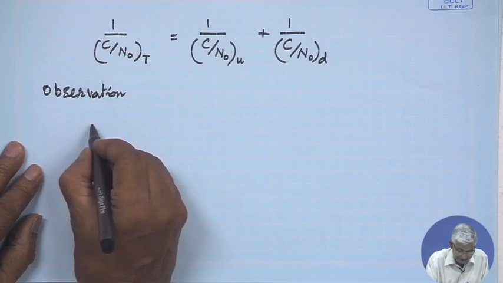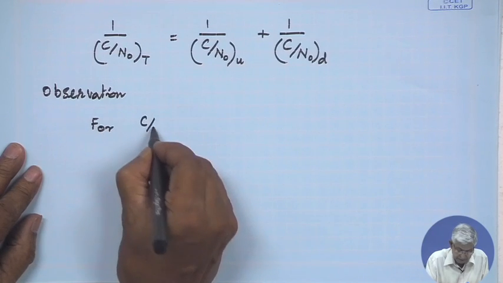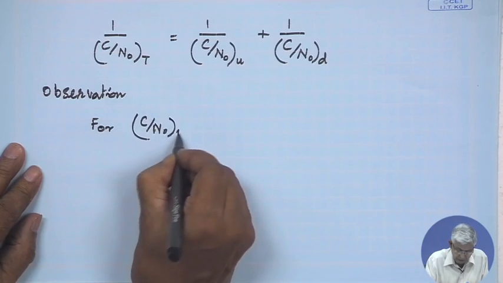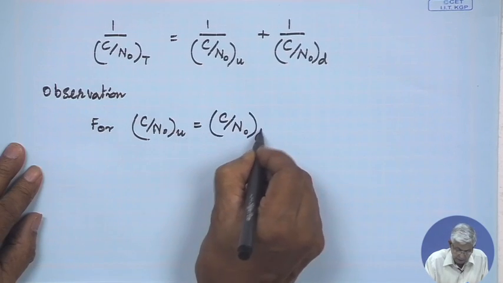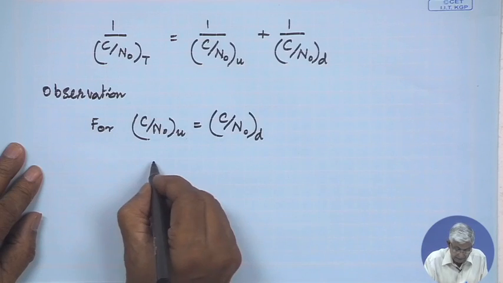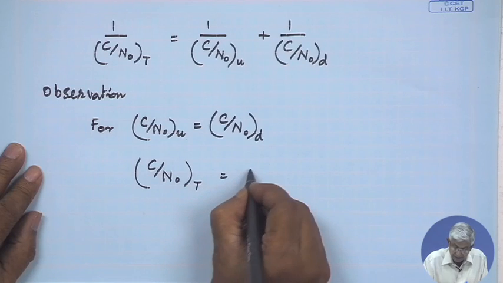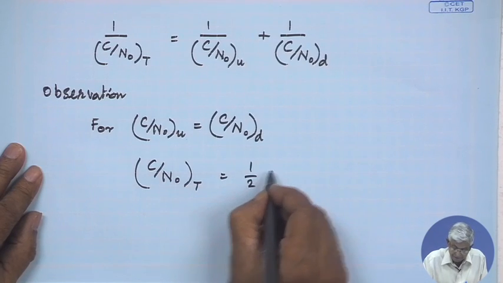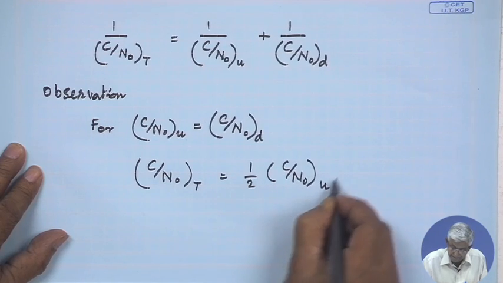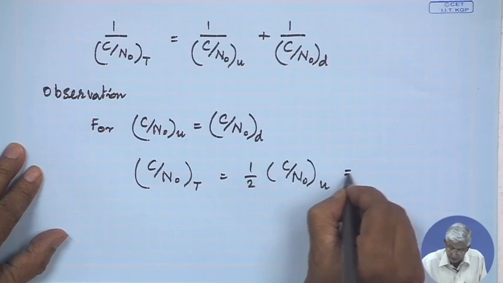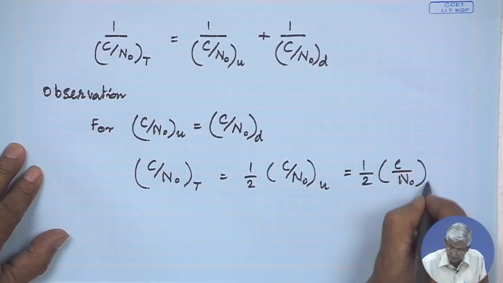For the condition where C by N0 up is the same as C by N0 down, then the C by N0 total is half of either C by N0 up or C by N0 down.